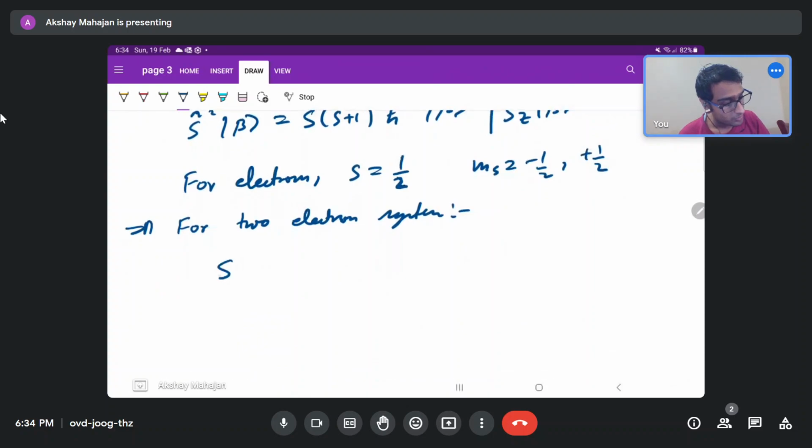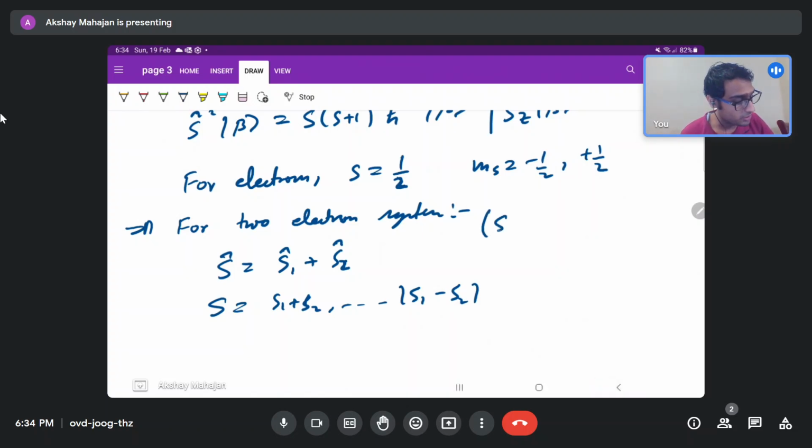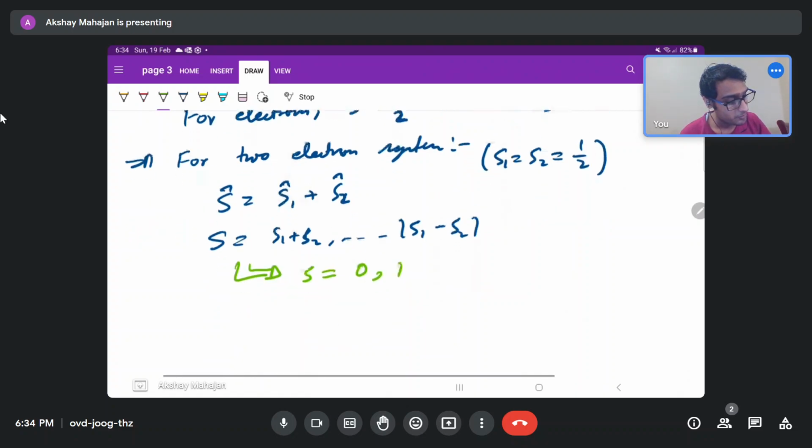If we have a two electron system, we will have S cap equals S cap 1 plus S cap 2. Then our S values will go from s1 plus s2 to mod of s1 minus s2, and since here in our case we have s1 equals s2 equals half, our S values are 0 and 1.